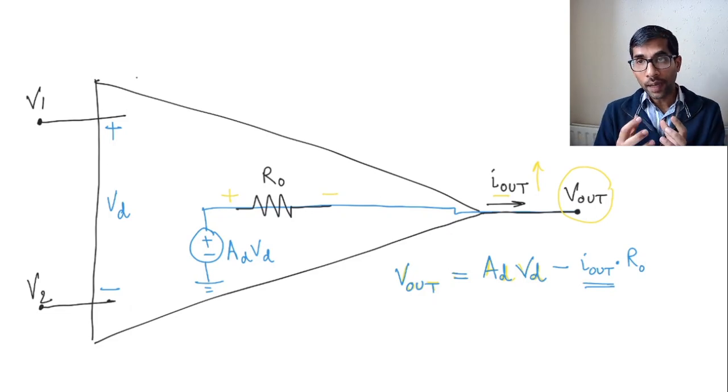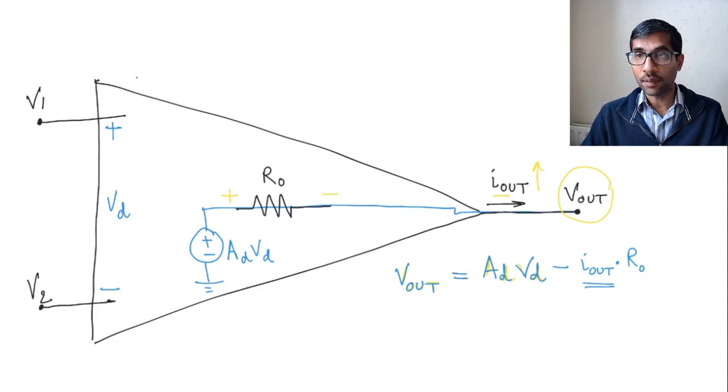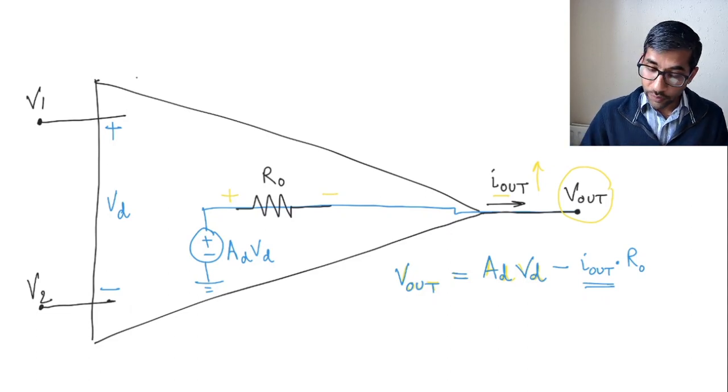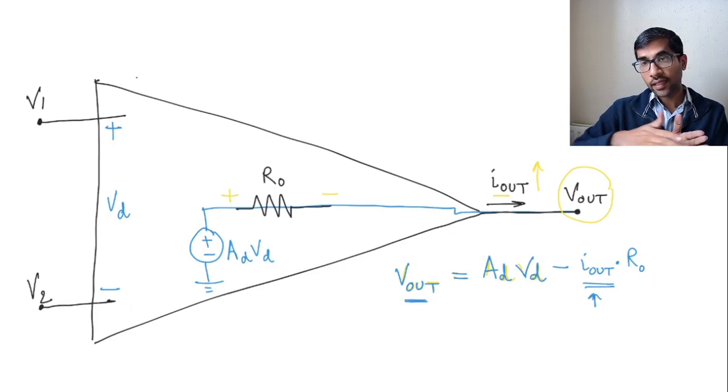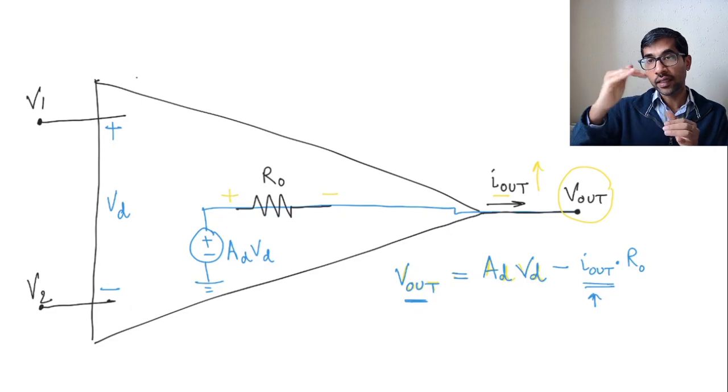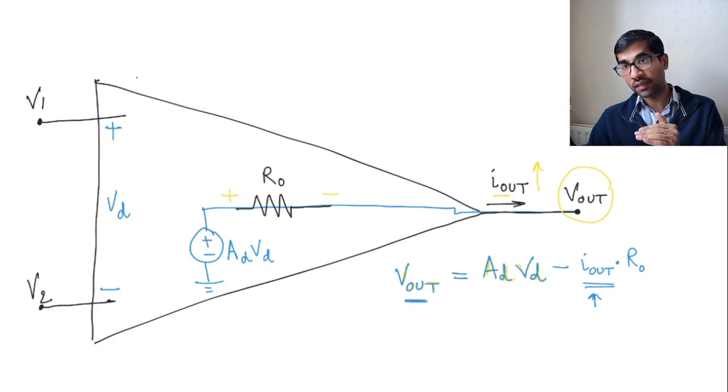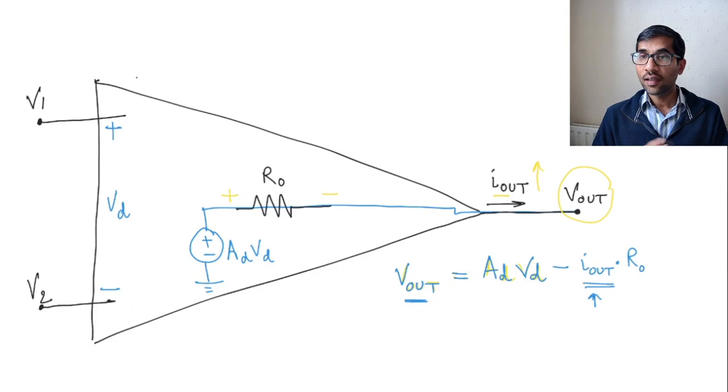So your op-amp cannot supply an infinite amount of current, because if I out becomes large enough, V out becomes zero. As the current keeps increasing, the output of the op-amp keeps reducing, and that is the consequence of the output resistance of the op-amp.